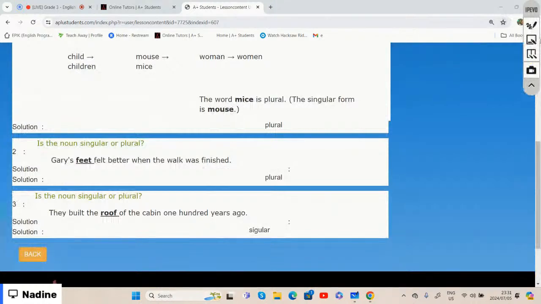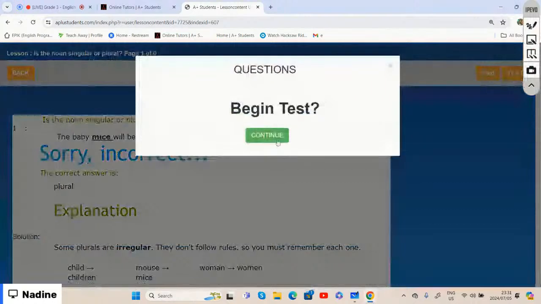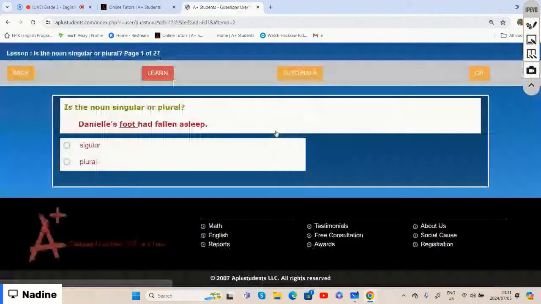So now let's go to our test, where we're going to say, is the noun singular or is it plural? It says Daniel's foot had fallen asleep. So foot, is that singular or is it plural?